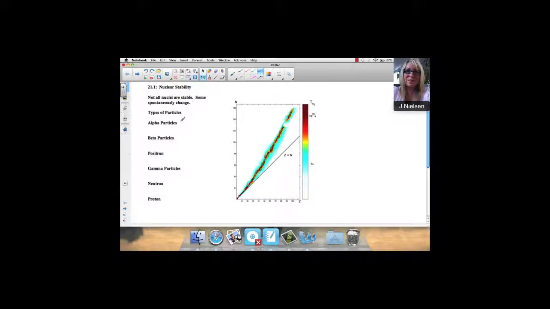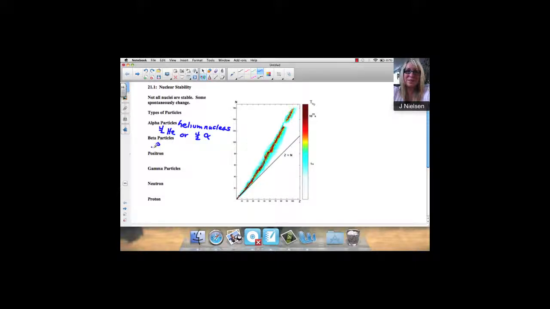First of all, an alpha particle is a helium nucleus, and it can be written 2 ways. It can be written 4,2He, or it can be written 4,2 with the alpha sign. A beta particle is simply an electron.